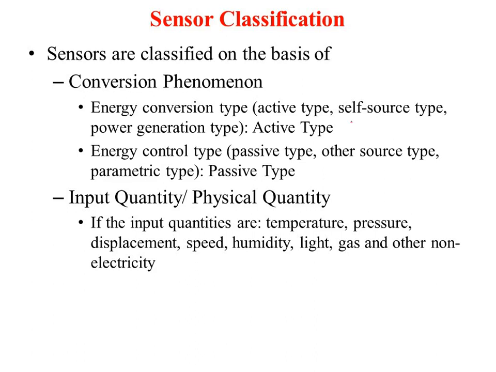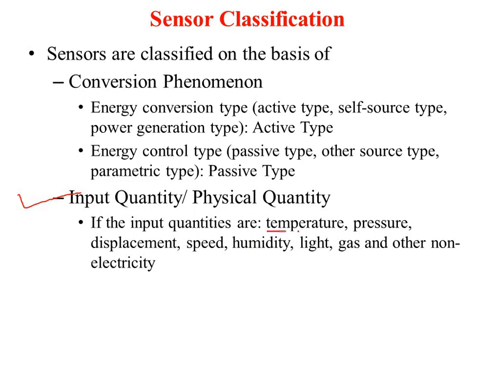The most important parameter here is the input quantity you are measuring, or the physical quantity you are measuring. Whenever we say it is a temperature sensor, a pressure sensor, a displacement sensor, or a speed sensor, you can see these examples nowadays in various applications. So you know the importance of that.